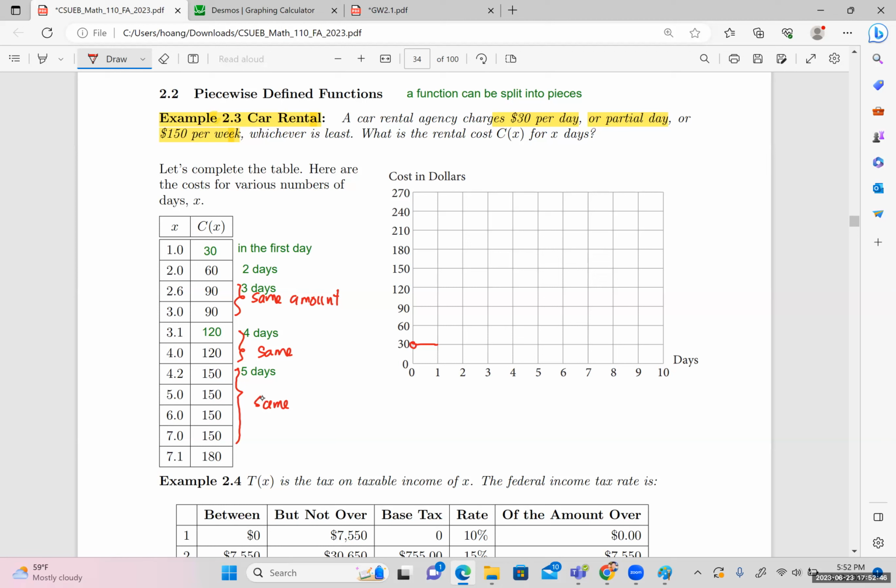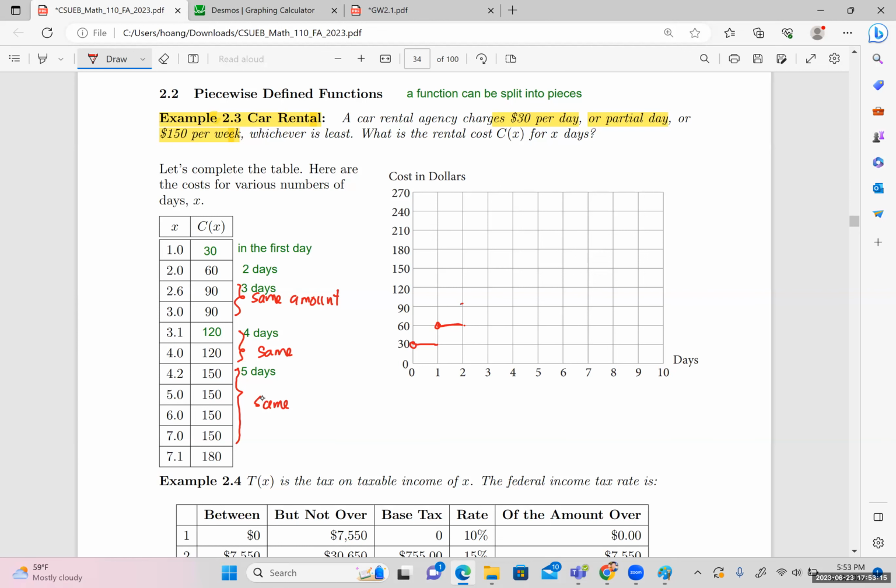Then if I move to the next day, as in the first minute of the second day, I pay $60 right away, up to 11:59 p.m. of the second day.